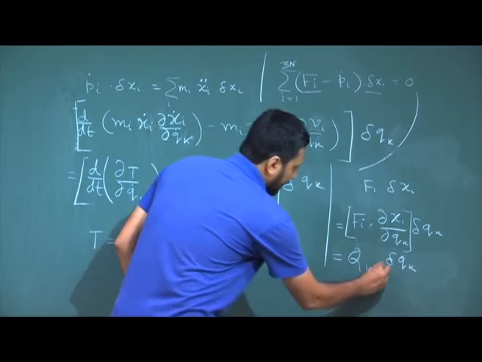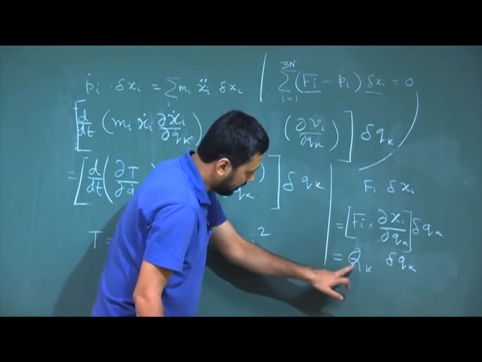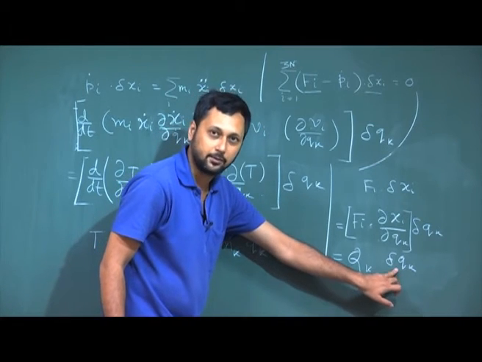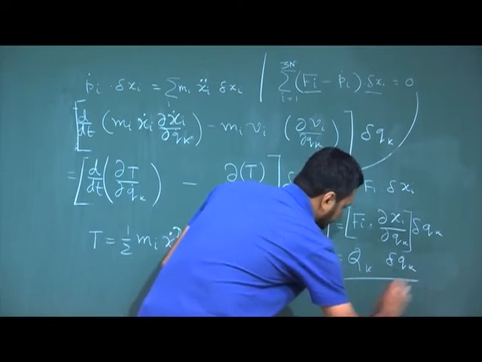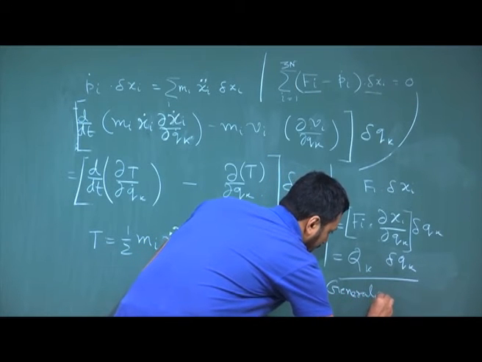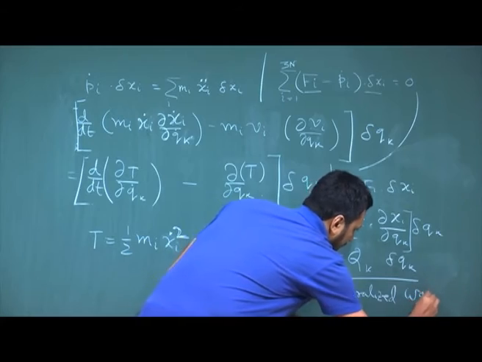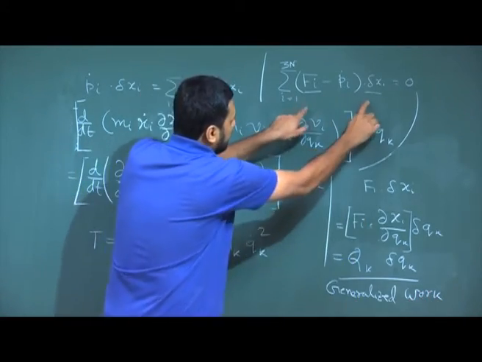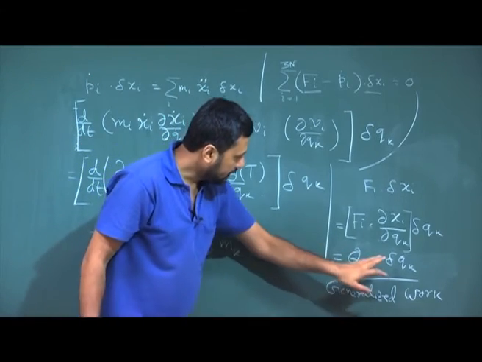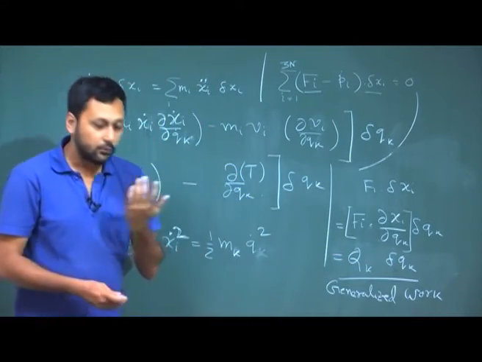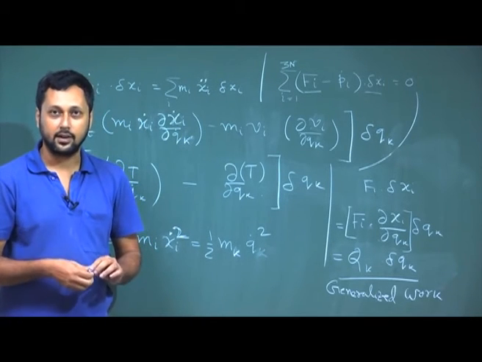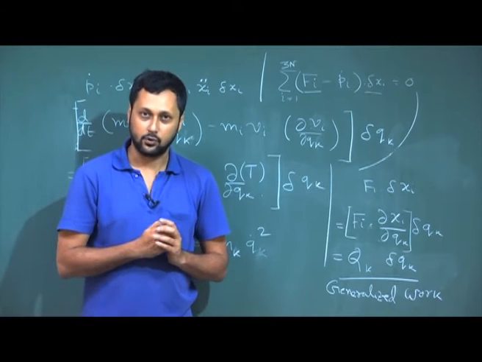Now, it is not only force, please understand, this is the force multiplied by a displacement, although a virtual displacement, it is a displacement. So, this whole quantity is called generalized work. All the terms in this equation have the dimension of work. If you recall, generalized coordinates need not necessarily have the dimension of coordinates.